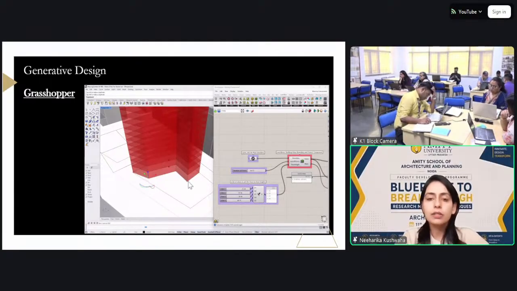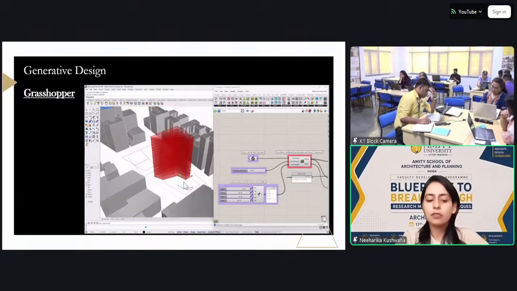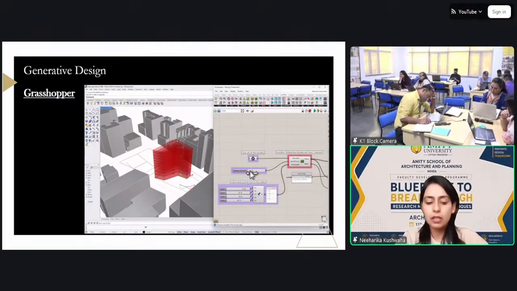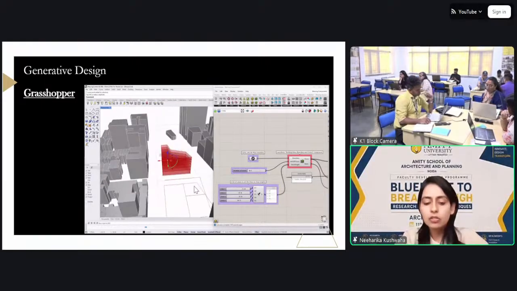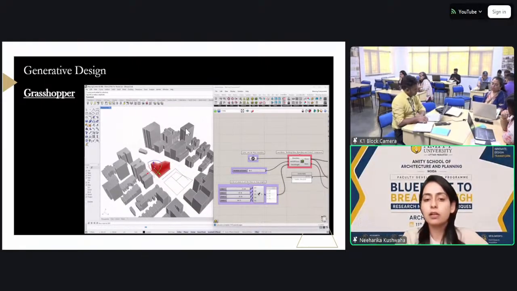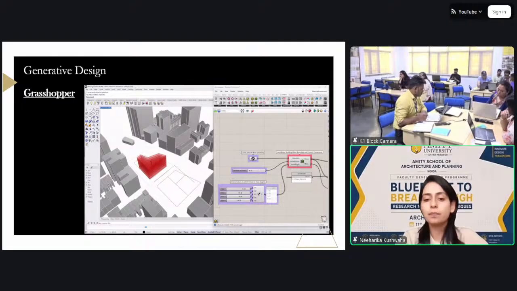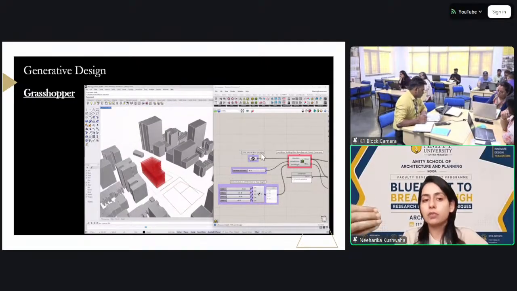Grasshopper can then become a laboratory for you. You can do so many experiments that help you produce new optimizations. Certain performance-driven design explorations can be done. So this is another extension, the Grasshopper AI tool, that we can work with.